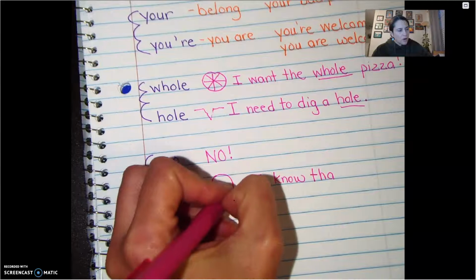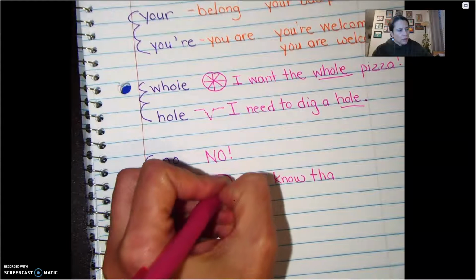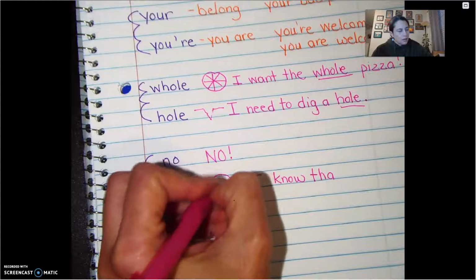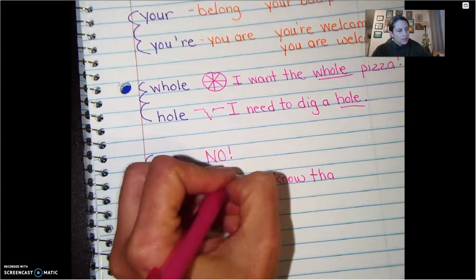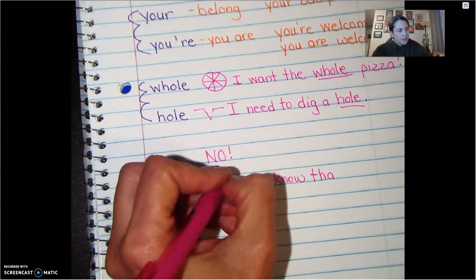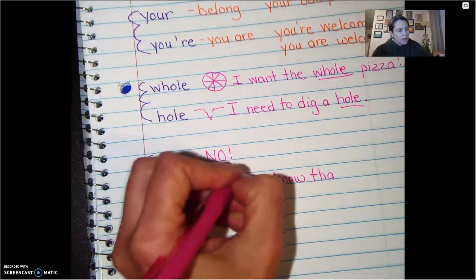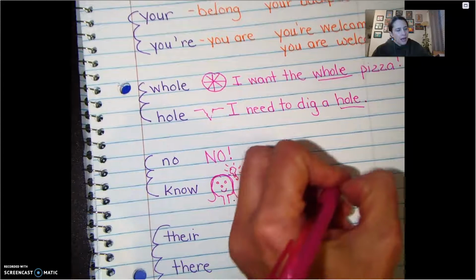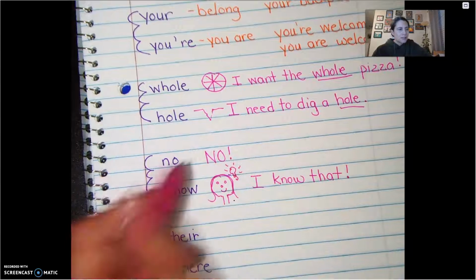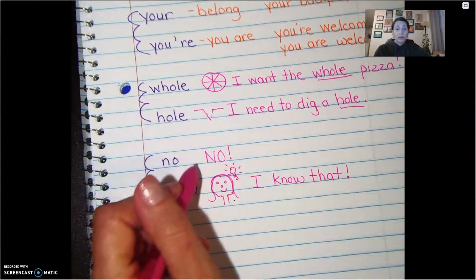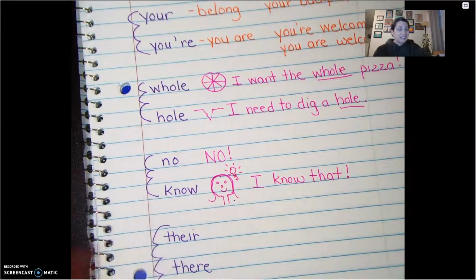I know Dr. Hasty can draw way better than Miss Corbin. But this is like, I know it. I'm going to put a little light bulb. Like, yeah, I know that. So this one is no, I'm not going to do it. This was, I know that.